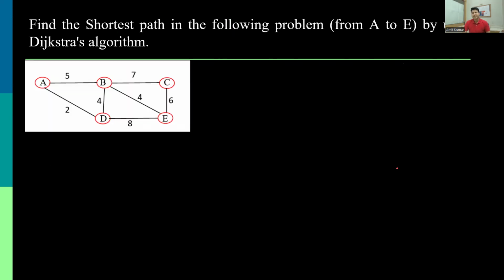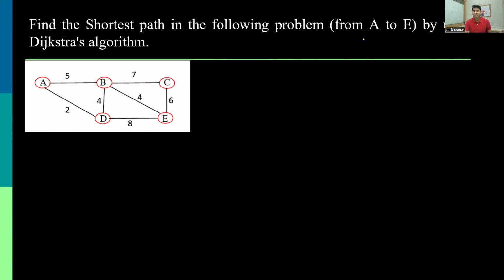Now, let us take one example or one problem of how we can solve it using Dijkstra's algorithm. Over here, we can see that we have five vertices, A, B, C, and so on, labeled or named. The distances are given as 5, 7, and the other edges have their distances given.